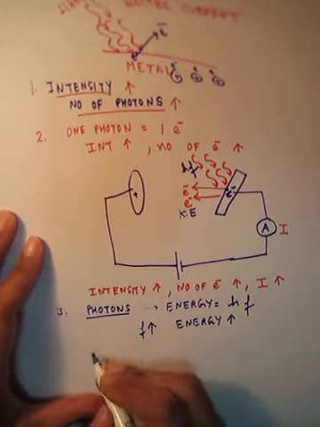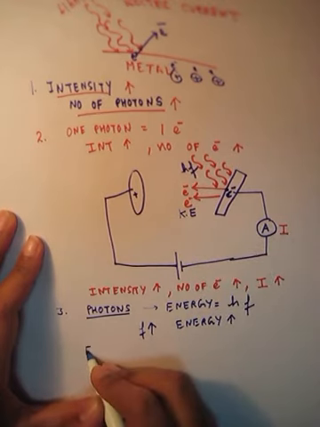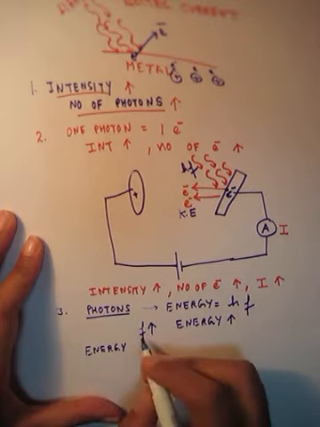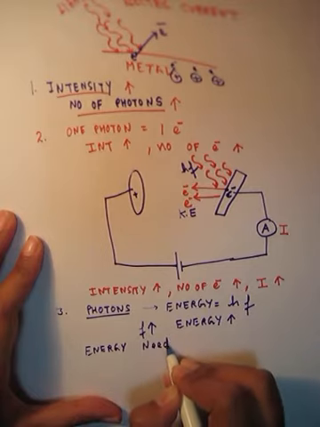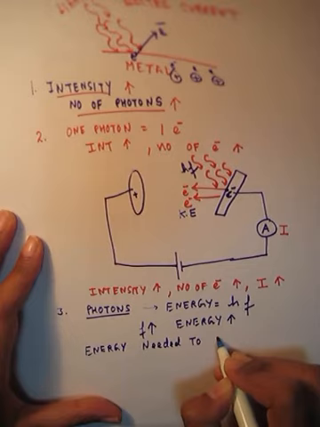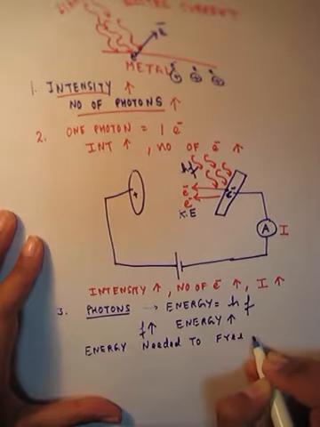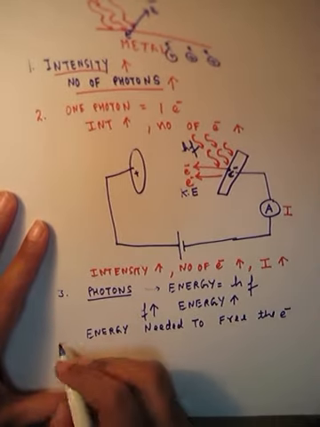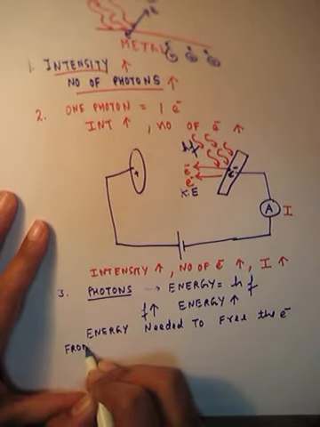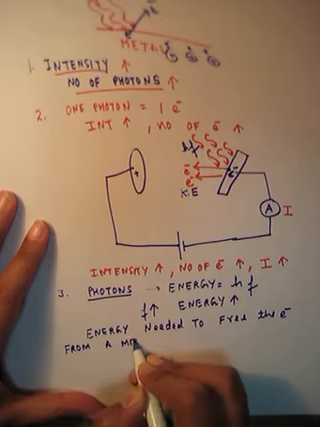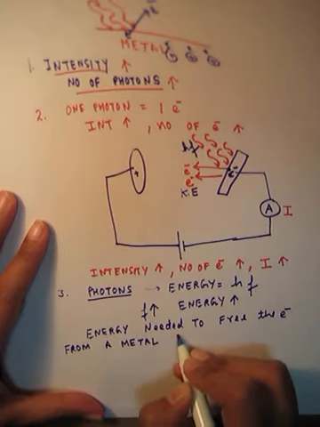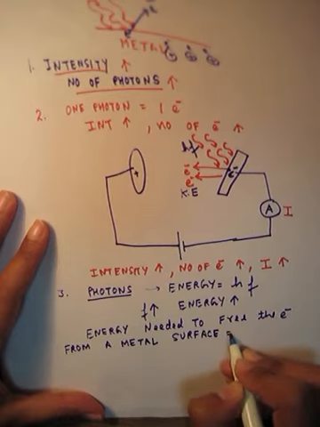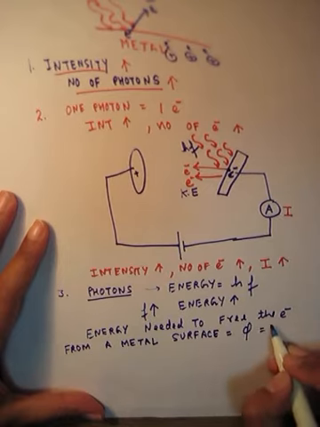Now, the energy needed to free the electrons from a metal surface is called phi, the work function.